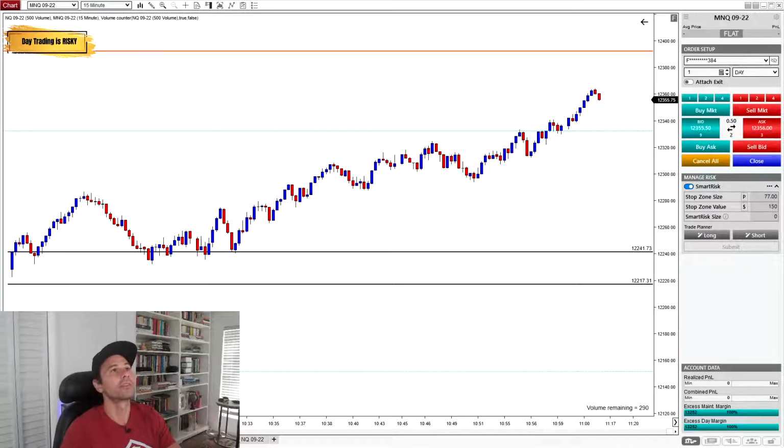So tick chart is back at its highs. New 7 minute candle.